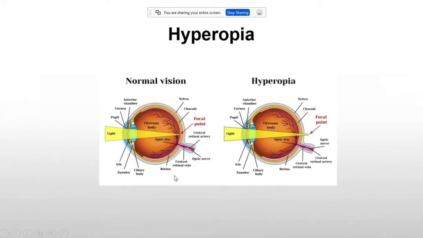Here again, in normal vision, the focus falls on the fovea. In hyperopia, the focus is behind the retina.